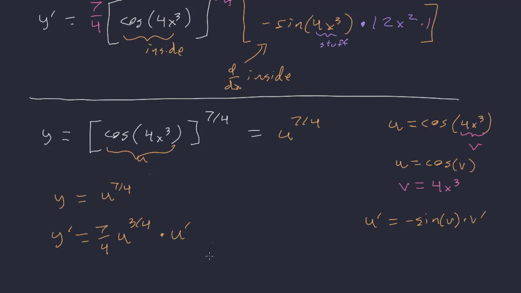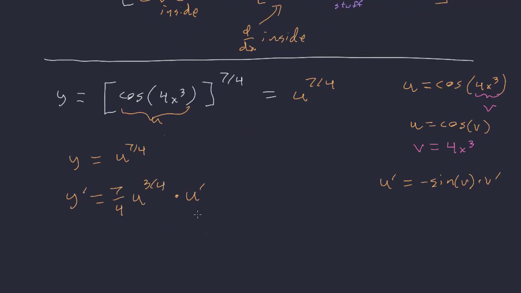Okay, so if we put that in, negative sine v times v prime, perfect, and then v prime, well, v is 4x cubed, then v prime is 12x squared. So if we put that in here for v prime, and then replace anything else that we have, right?